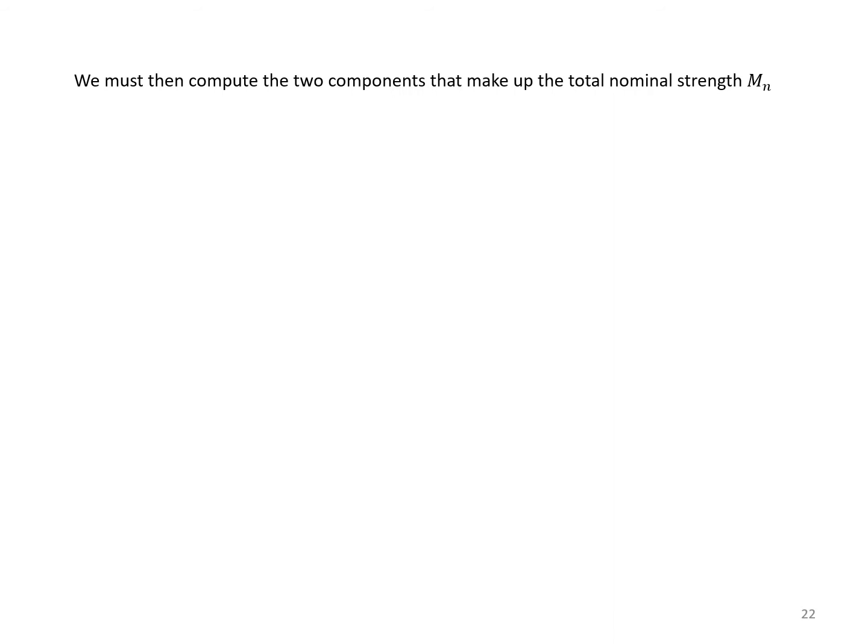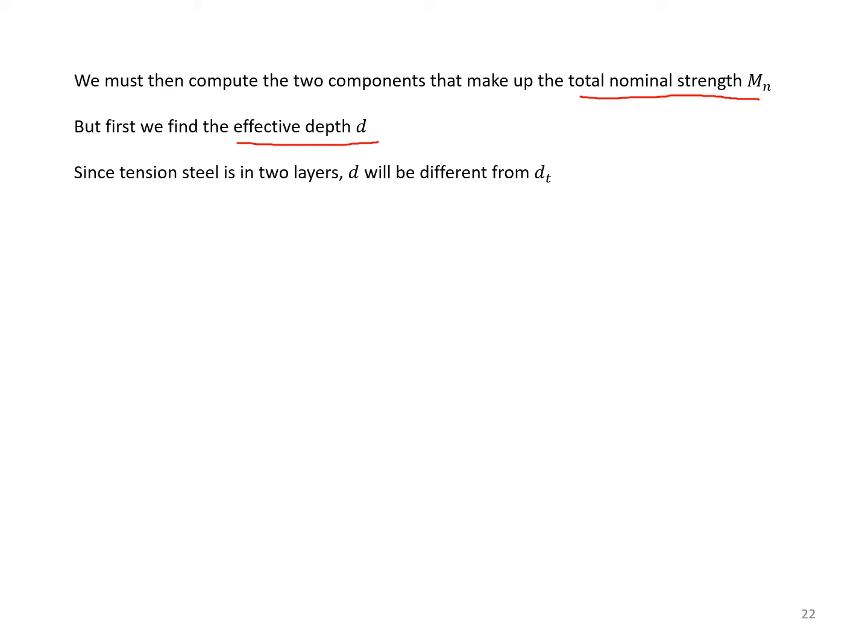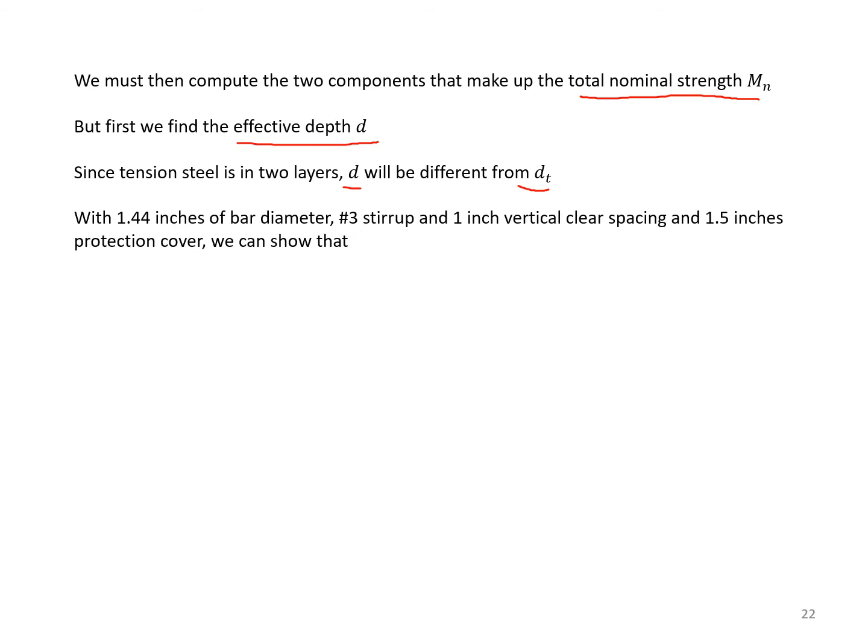Therefore, we must compute two components that make up the total nominal strength Mn. First, let's find out what the effective depth d is. Because we have two layers, d and dt are different from each other. Considering that each number 11 has 1.44 inches of diameter, we are using number 3 stirrups.